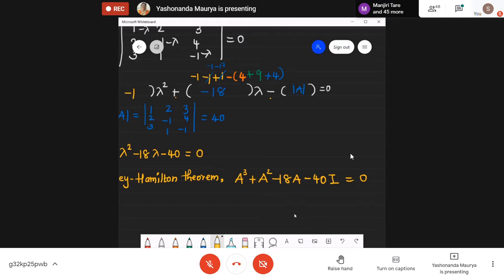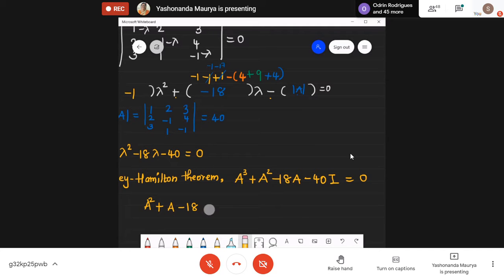Now next, for this question, using this expression, we will try to find A inverse. How do we get that A inverse? A inverse can be obtained directly by multiplying by A inverse. So when we multiply by A inverse, it will be A square plus A. I'll reduce the powers of A now.